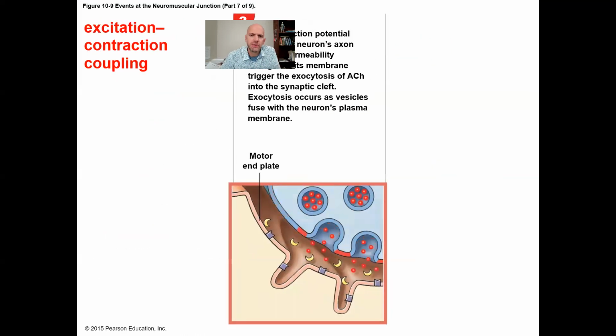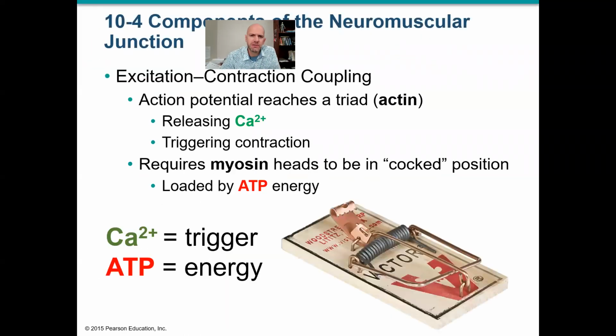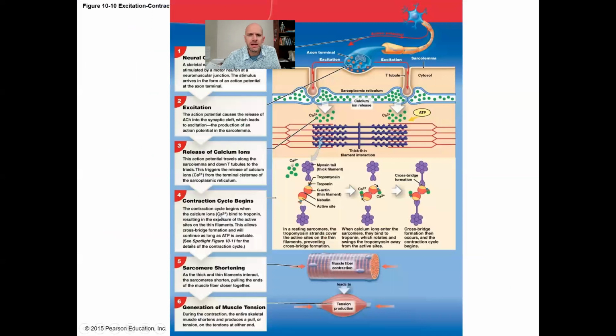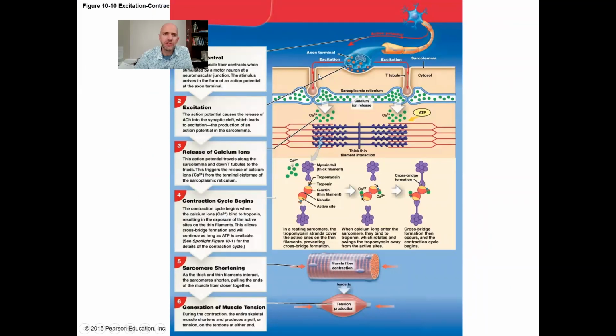So let's speed forward. We've covered some of this information. This analogy, we talked about how these 2 small molecules, calcium and ATP, are critical for muscle contraction and the roles that they play. And this diagram is kind of a combination of the first 2 points, the excitation contraction coupling, and then cross-bridge cycling or contraction cycling.